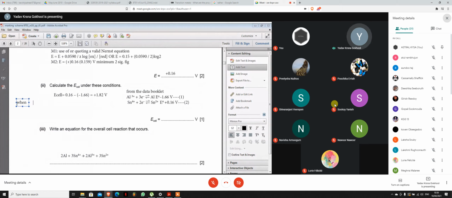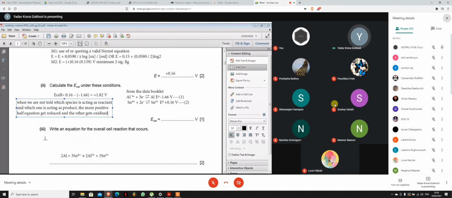So when we are not told which species is acting as reactant and which one is acting as product, the more positive E of the equation gets reduced and the other gets oxidized.